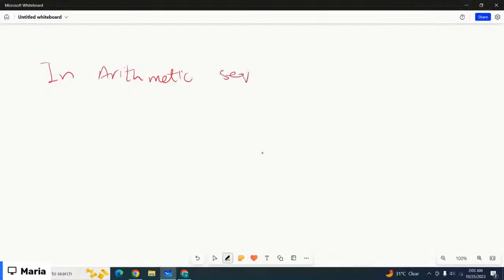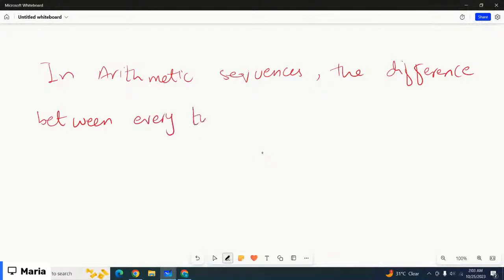In arithmetic sequences, the difference between every two successive numbers is the same, right?